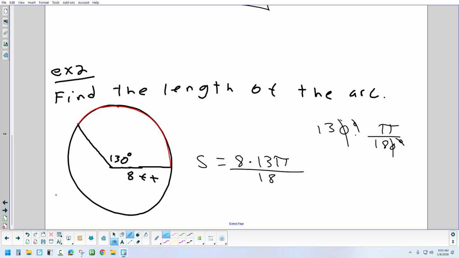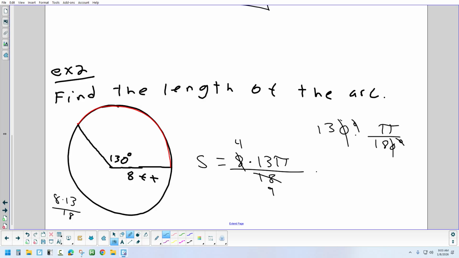Just like if you were reducing this. Forget about the pi. How would you reduce that? 4 goes into 8 and 18. 4 does go into 8, but 4 doesn't go into 18. 2, yep. 2 goes into both 8 and 18. So we can reduce by 2 and by 2.